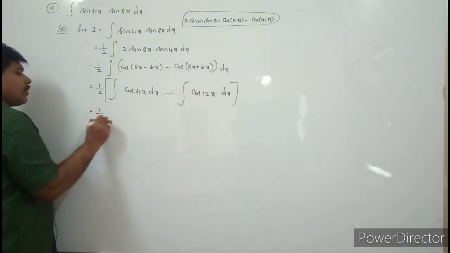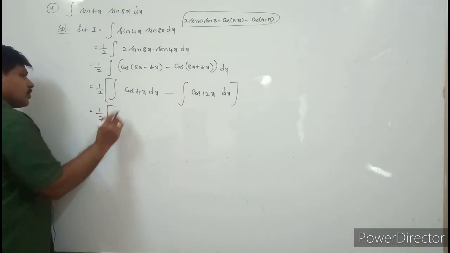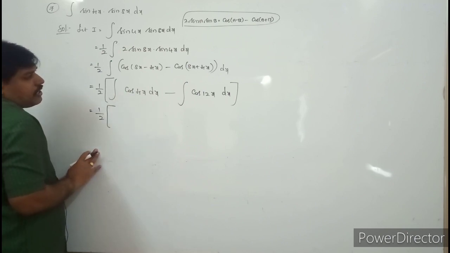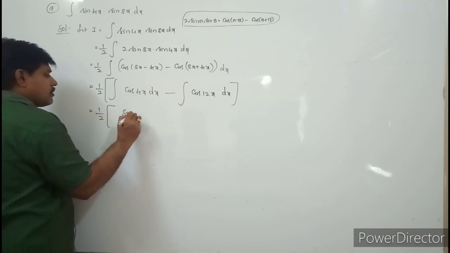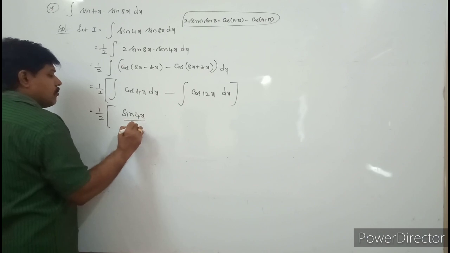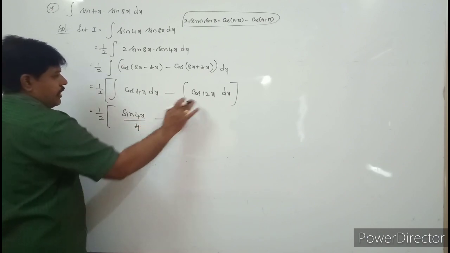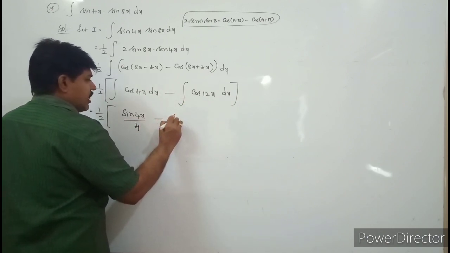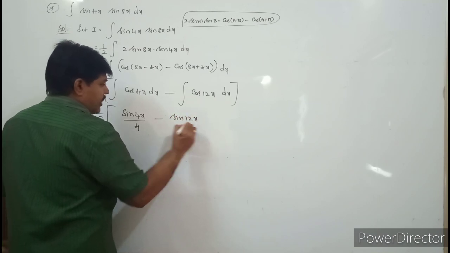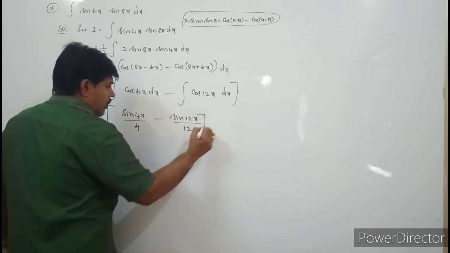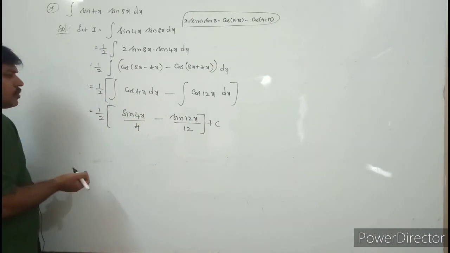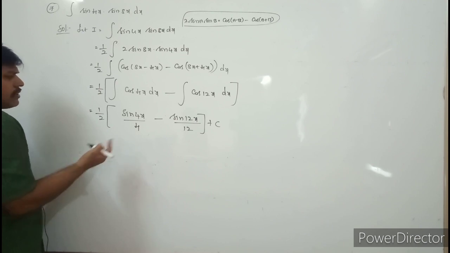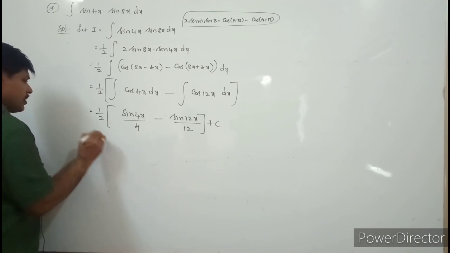So that is equal to 1 by 2 into, so integral of cos ax plus b is sin of ax plus b by a. So cos 4x integration is sin 4x by 4 minus the integral of cos 12x, which is sin 12x by 12, plus c. Also you can take the 4 common. Otherwise we can leave it like that, or we can multiply with the 2 also. What happens?